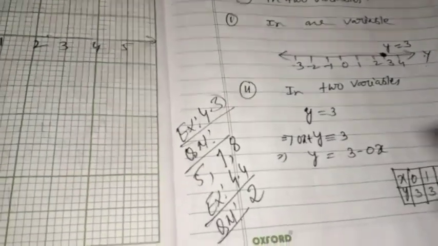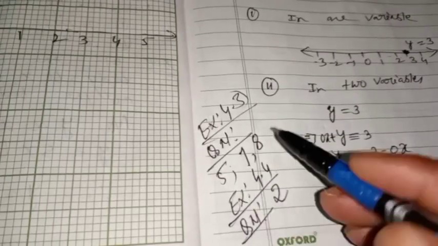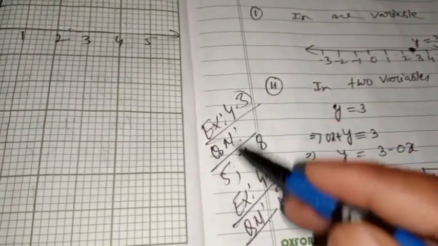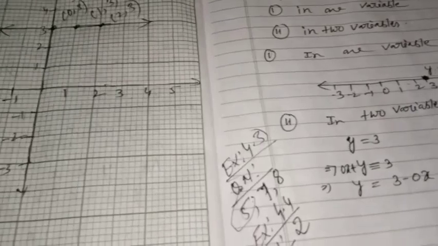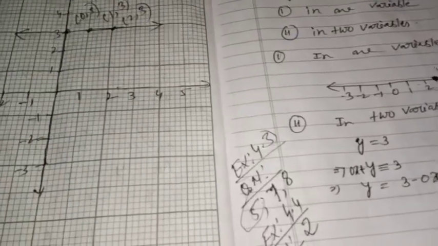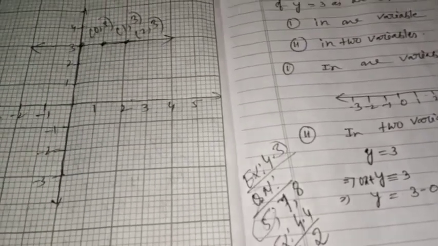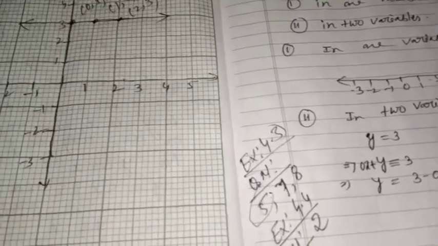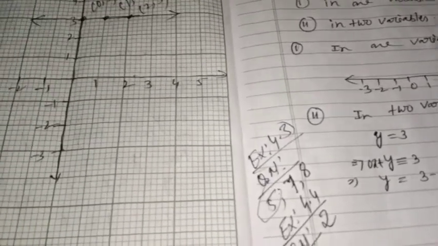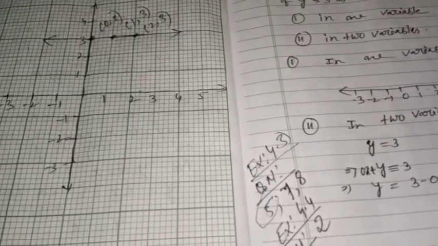About question number 5 I want to say something. In exercise 4.3 question number 5, you can see they have given a graph and some 4 equations for that. So you have to find for which equation this graph is satisfied. Understood? So you have to see the graph and see the points.